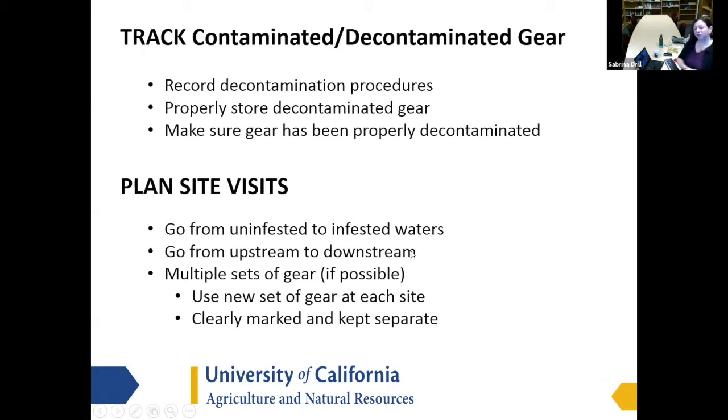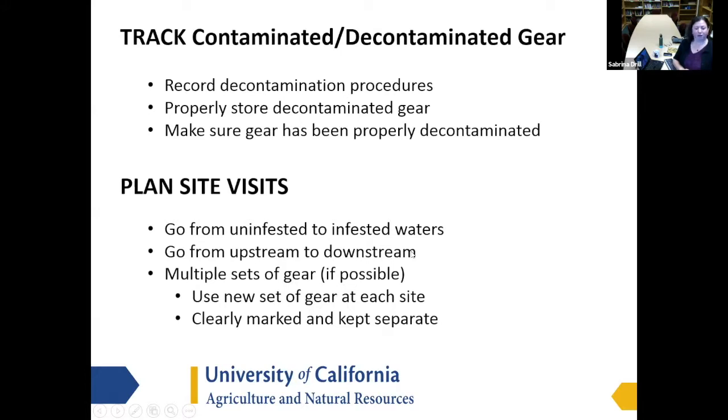And then the other thing to do is think about how you're planning your visit. So if you know you're going on a backpacking trip and you're going to be visiting several areas and you know that some of them might be infested and some of them aren't, go to the cleanest sites first. Don't go to the infested ones and then go to the uninfested ones. Go from upstream to downstream.